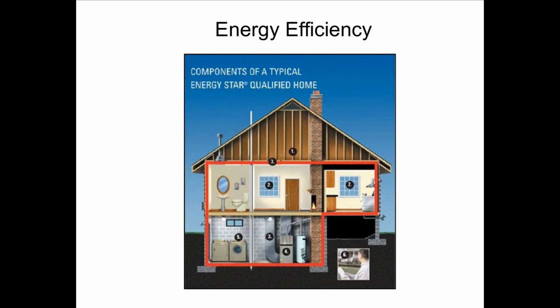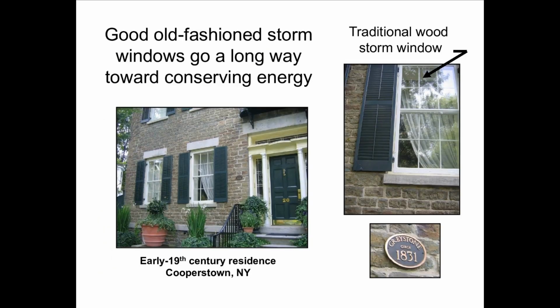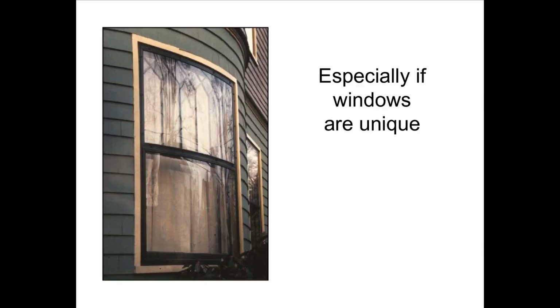In terms of energy efficiency, look to Preservation Brief number 3 on conserving energy in historic buildings. Good old-fashioned storm windows go a long way towards conserving energy, especially if the windows are unique.